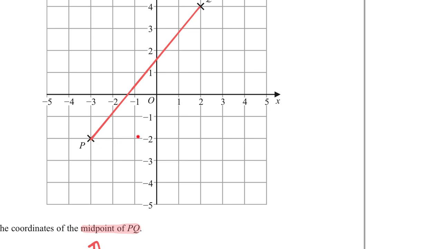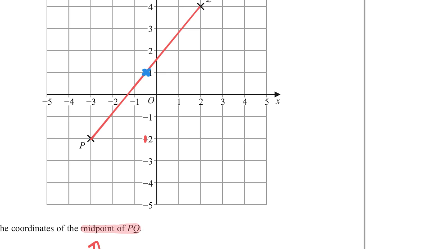That pops us in here. Then the same for upwards: 1, 2, 3, 4, 5, 6 up. Instead of going 6 up, we'll go 3 up from where we are. 1, 2, 3. And then you end up with the midpoint of that line being there.